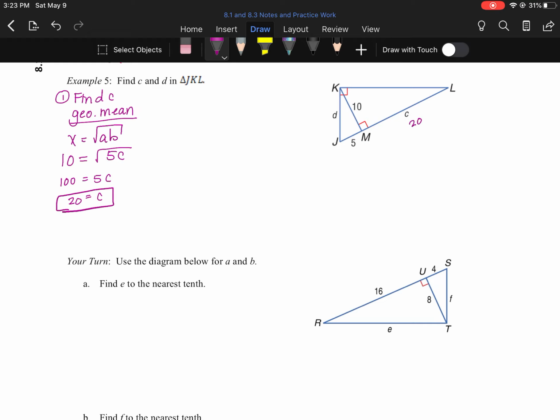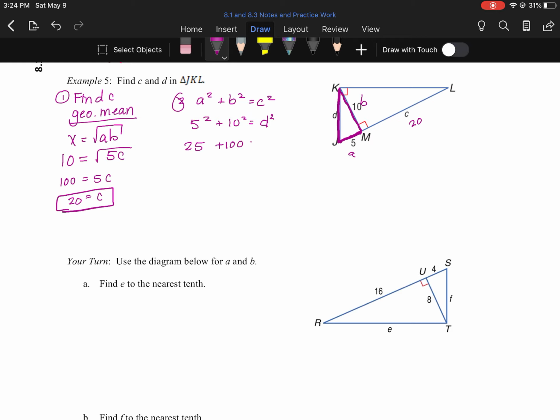C is 20. Now, I see a whole bunch of right triangles here. And when I look at D, well, that's the hypotenuse of the smallest right triangle. So we know that A squared plus B squared is equal to C squared. So that's our Pythagorean theorem. So fill in what we know. I'll just say that that's A, that's B. So A is 5, so 5 squared plus 10 squared is equal to D squared.